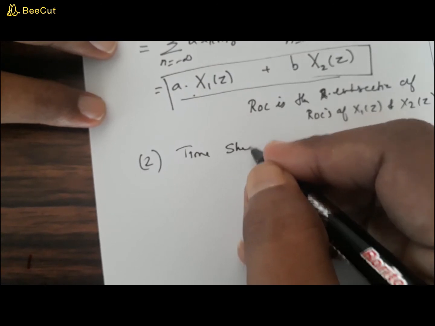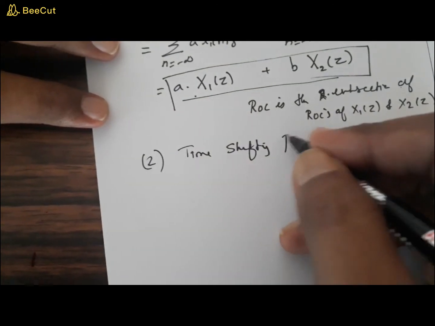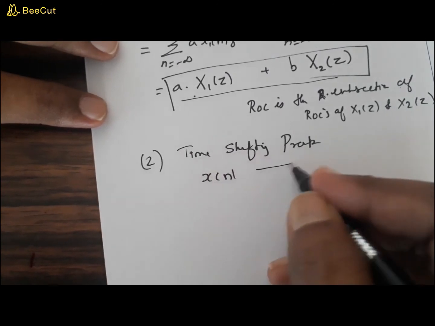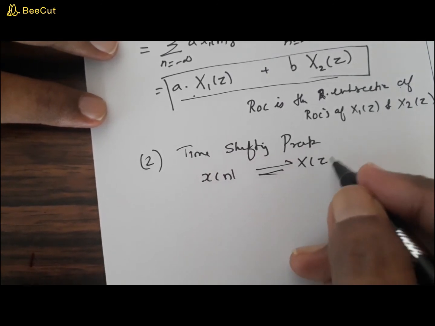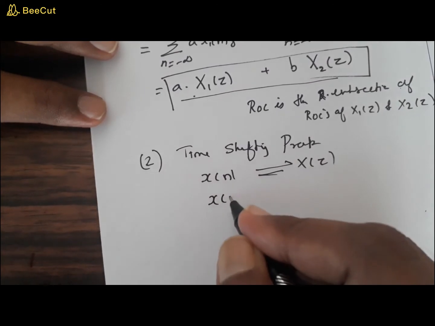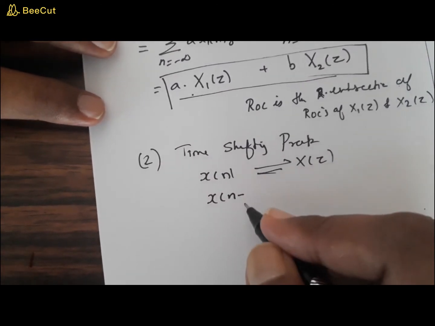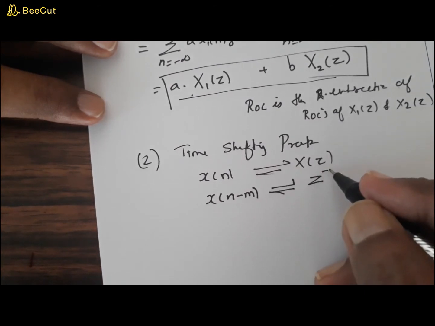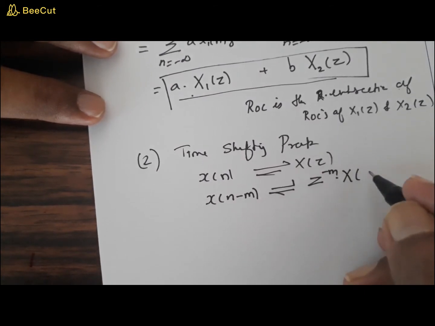Okay, next is the time shifting property. Now what is this time shifting property? Say you have x[n] whose Z transform is X(z), then x[n-m] will be z^(-m) X(z).